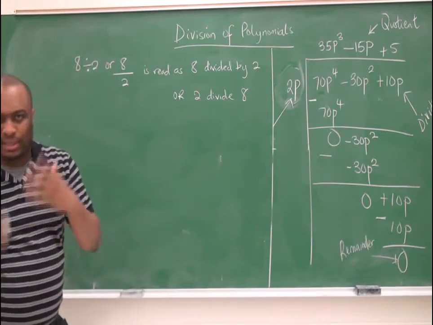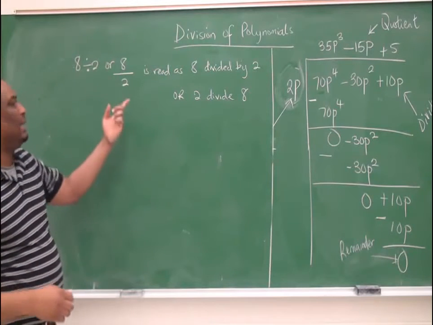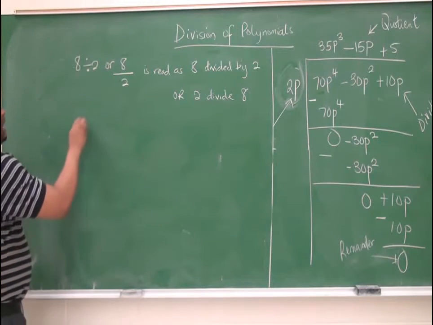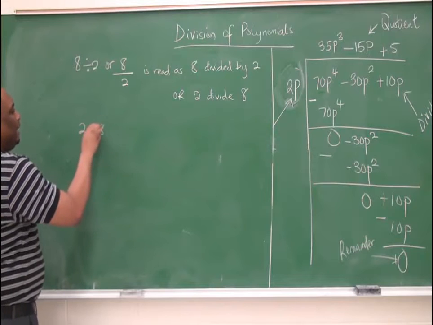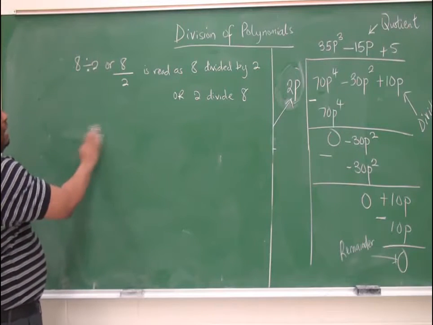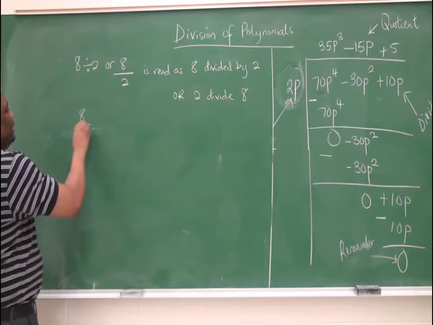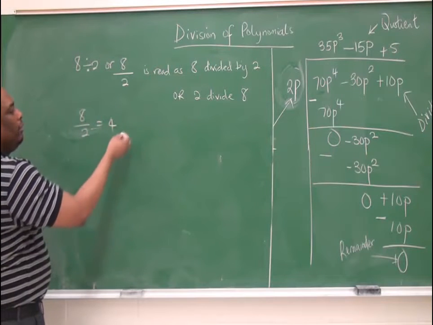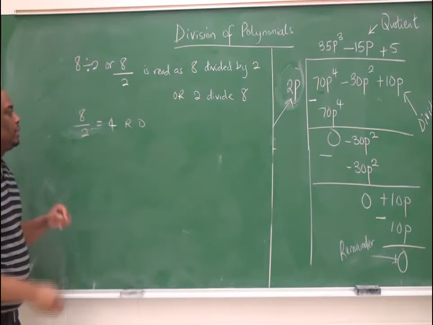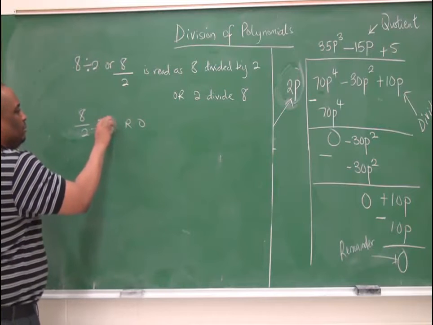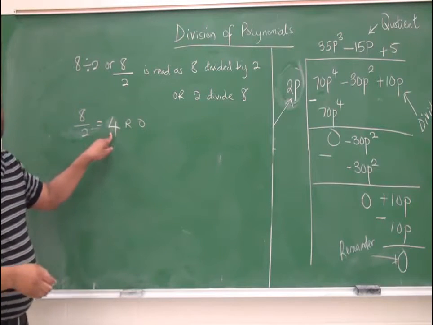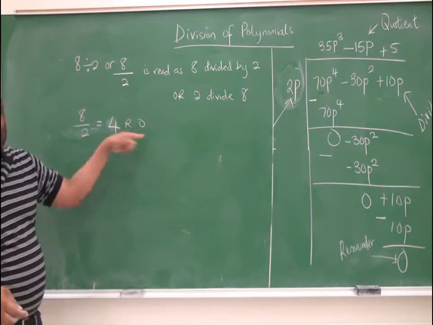So it's important you say the correct syntax. Now, 8 divided by 2 gives you what? 8 divided by 2 gives you 4, remainder 0. So 4 is the quotient and the remainder is 0.